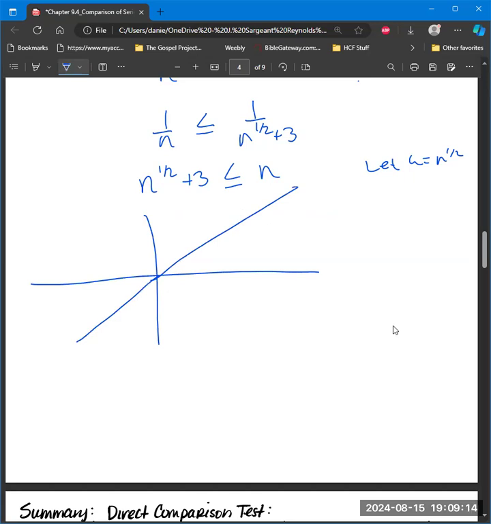So I have f1 of x is equal to x, f2 of x is the square root of x plus 3. Now I want to find that point of intersection. So let me go ahead and use Desmos here to do that for you.